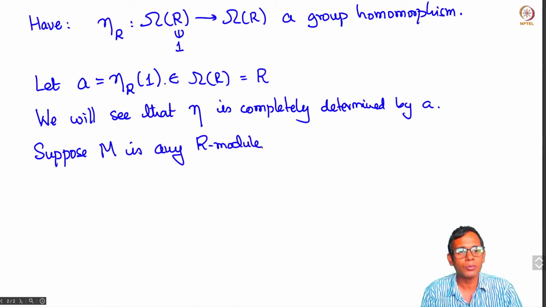Can we figure out what eta subscript M is based on the fact that eta R of 1 is a?